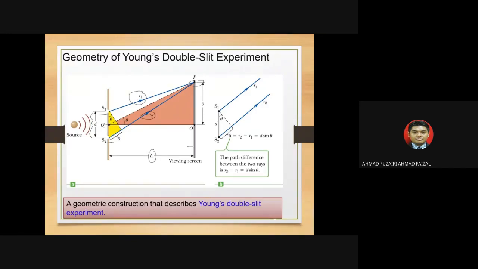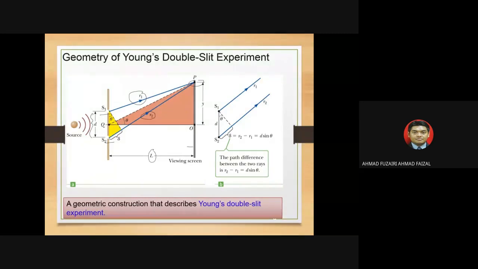So, we assume that the waves emerging from slit 1 and slit 2 have the same constant frequency and the same amplitude. The light intensity at point P is the result of the light from both slits.